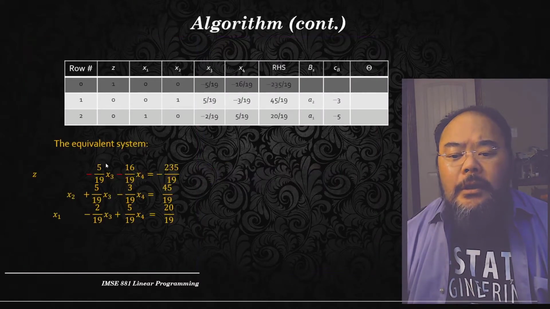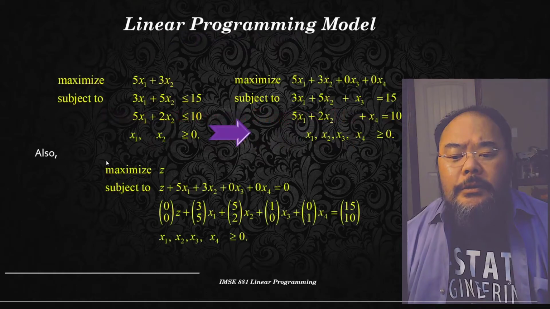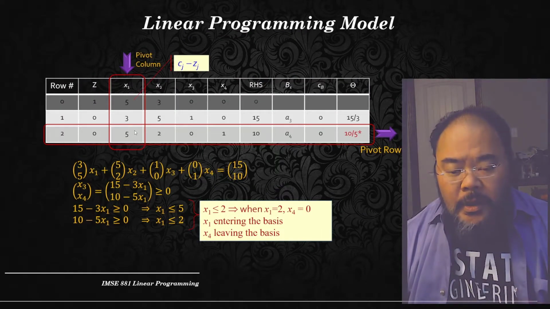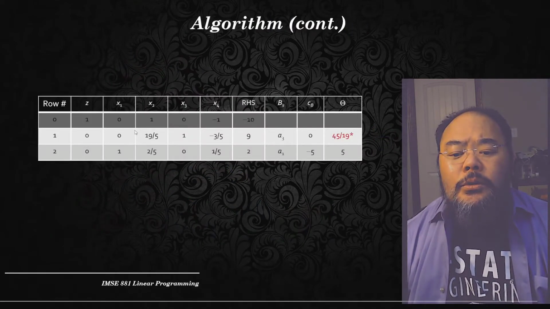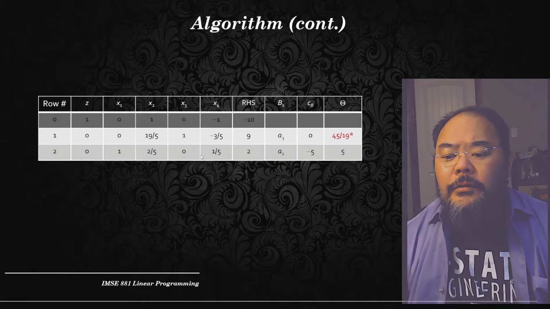What are the yj columns? The yj columns are the current tableau columns for each one of the non-basic and basic columns in the original constraint.